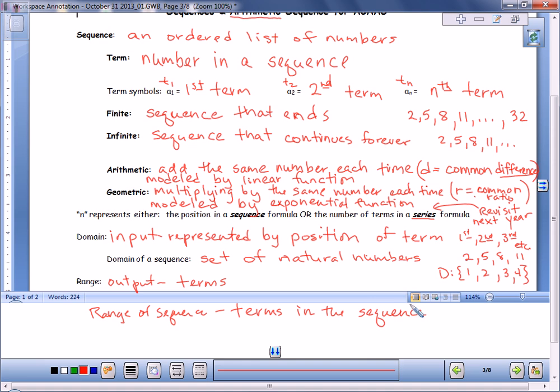So in this example, our range would be, what were the terms in the sequence? 2, 5, 8, and 11.